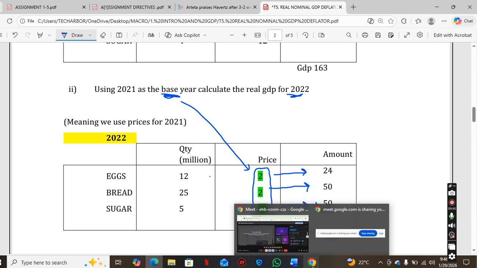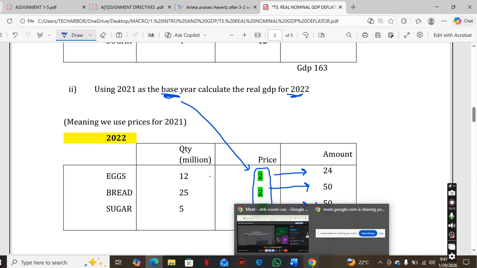We don't want any price changes to give us, I won't say wrong results, but a mirage. Nominal GDP is like a mirage. When you go in the desert, you see a pool of water, then you run, and there's no pool.